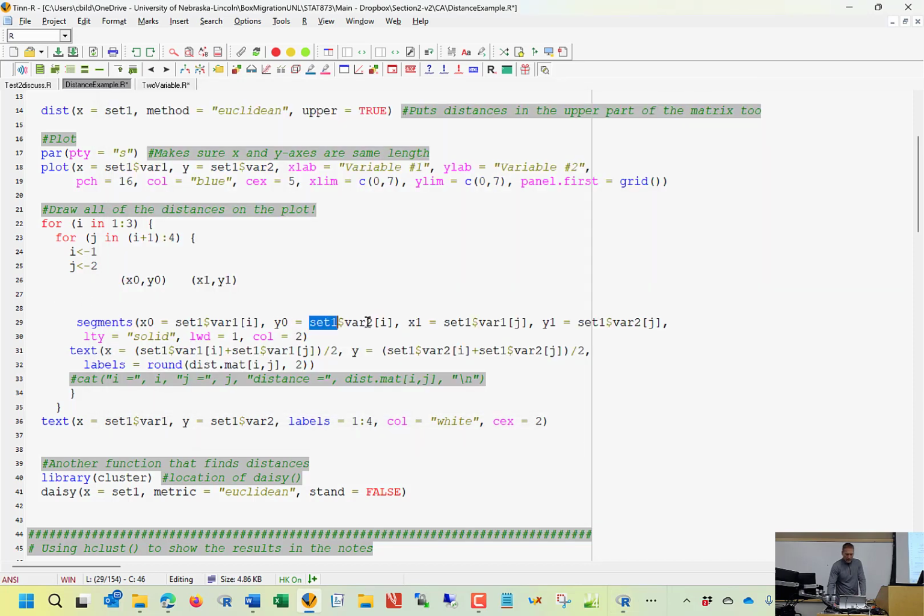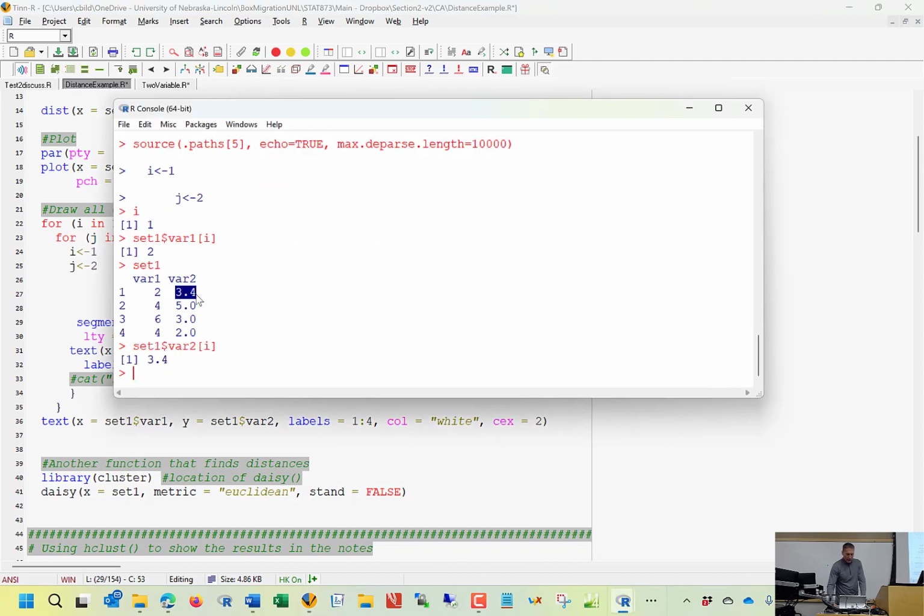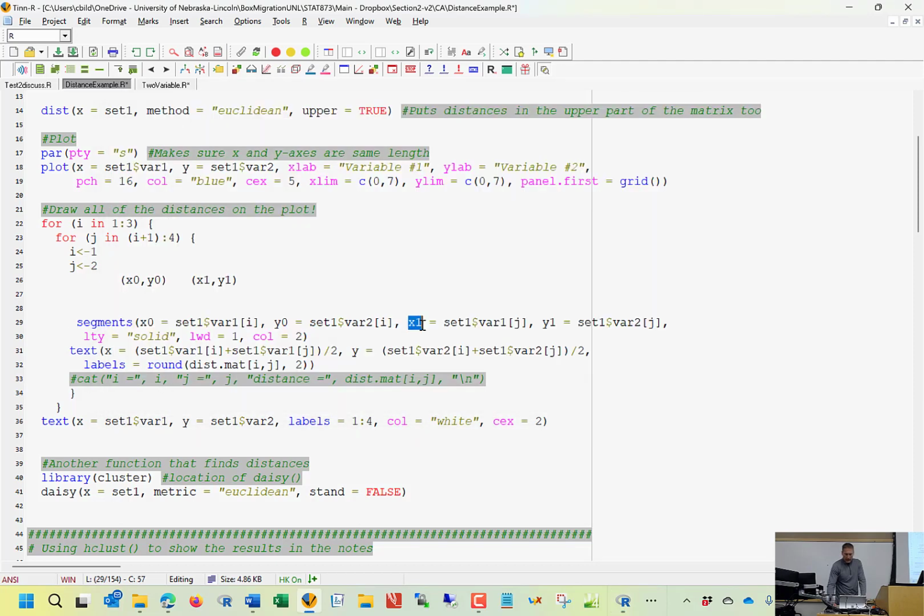The y0 component is going to be the second variable value for observation 1, 3.4. x1, y1 is now going to be for the second observation. The line type is going to be a solid line.